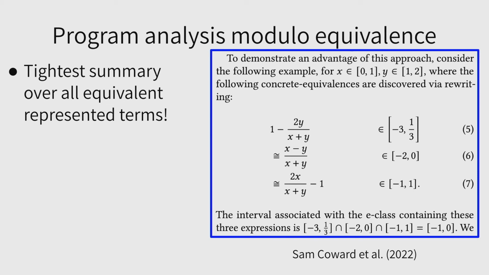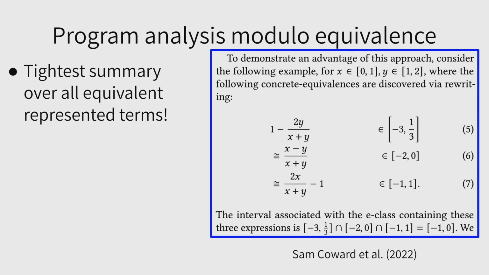But if you put them as analysis facts in an E-graph, my merge function can always take the max of the mins and the min of the maxes, because each of these are sound bounds, and they're equivalent. They denote the same value. They're equivalent expressions.